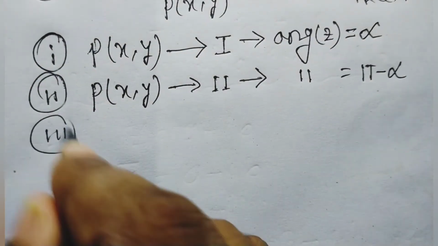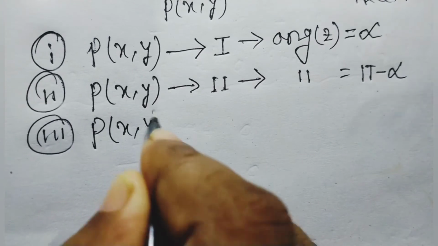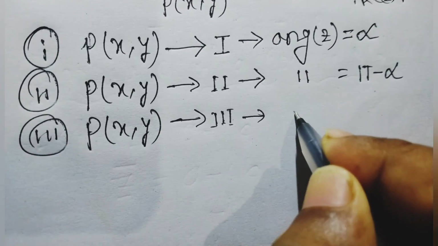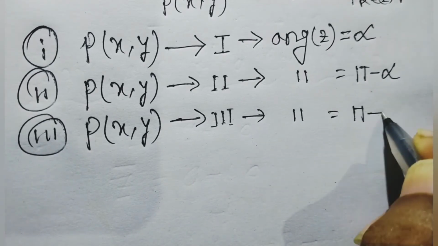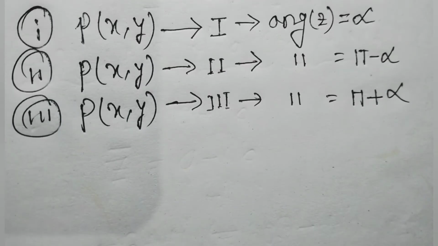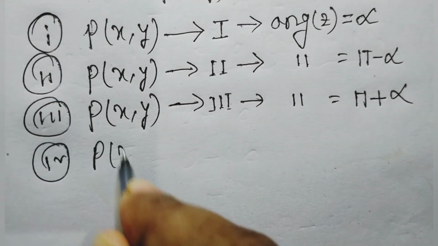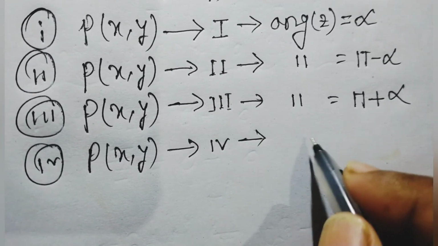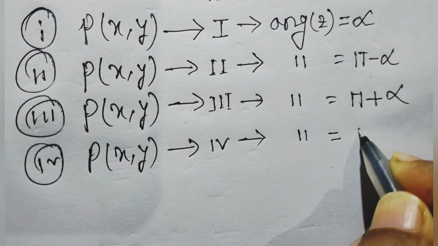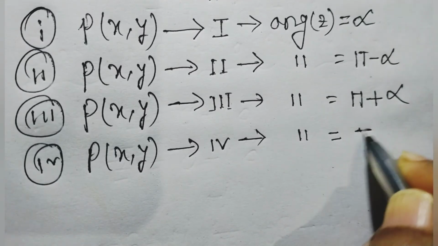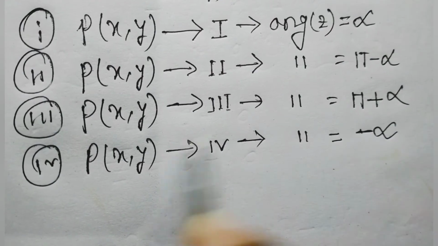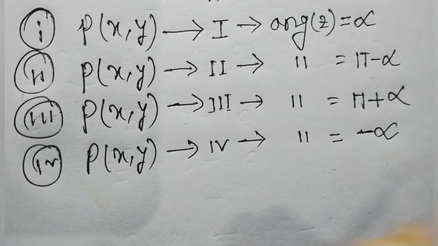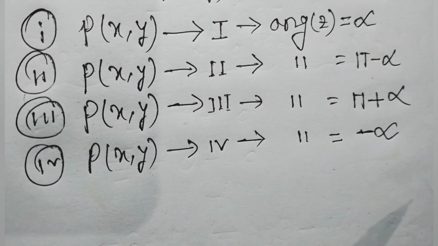If the point x comma y lies in the third quadrant, then the argument will be pi plus alpha. And the last condition: if the point x, y lies in the fourth quadrant, then the argument of z will be only minus alpha. So you have to remember these four conditions to solve argument or amplitude problems easily.